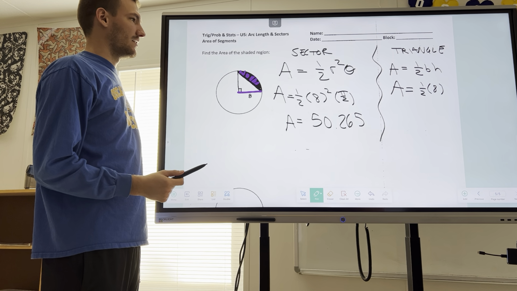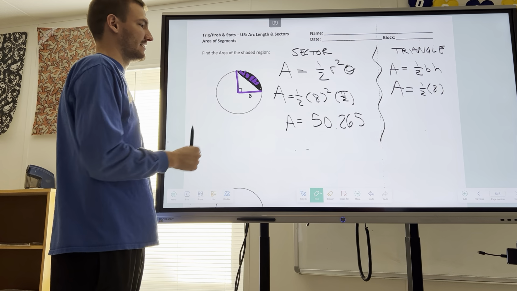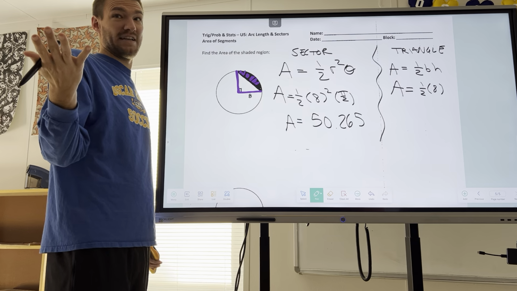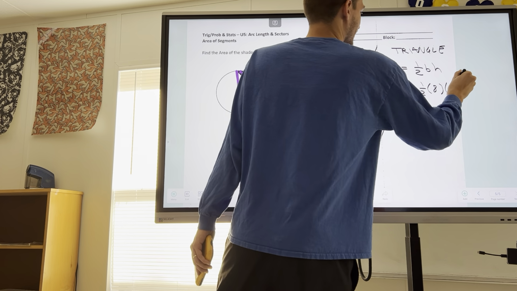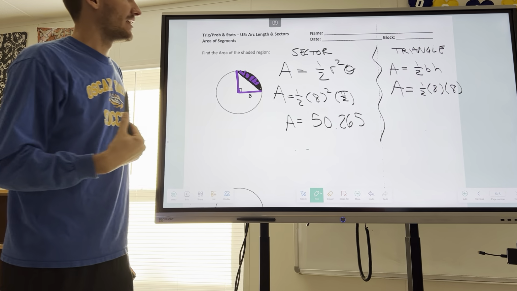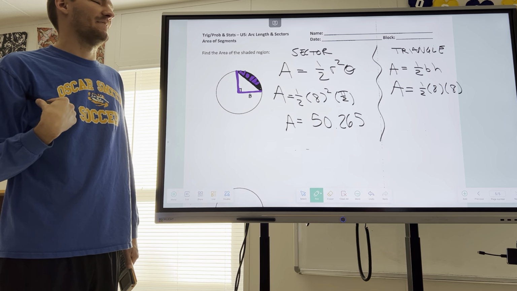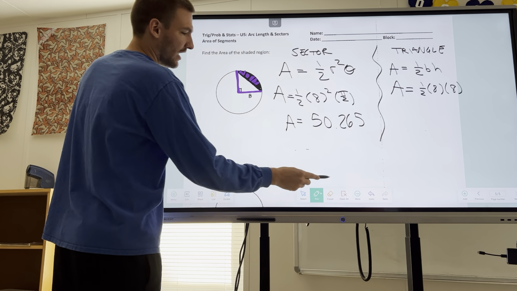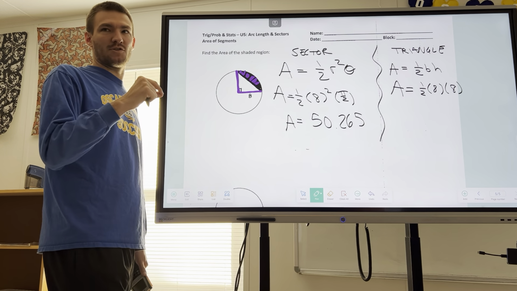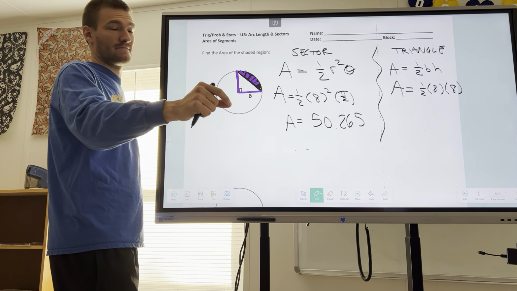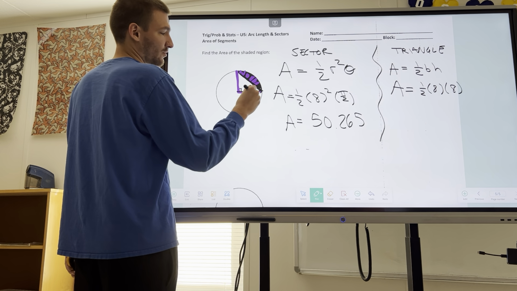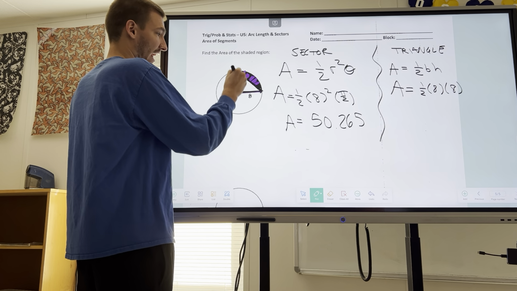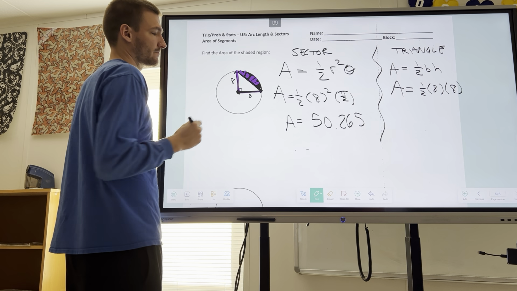And what is the height? The radius again. So that's the area of the triangle. How is it the radius? Because we're going straight from the middle of the circle to the outside, and that takes you the radius, 8, to get from the middle to the outside, and that takes you 8 to get from the middle to the outside. Okay.